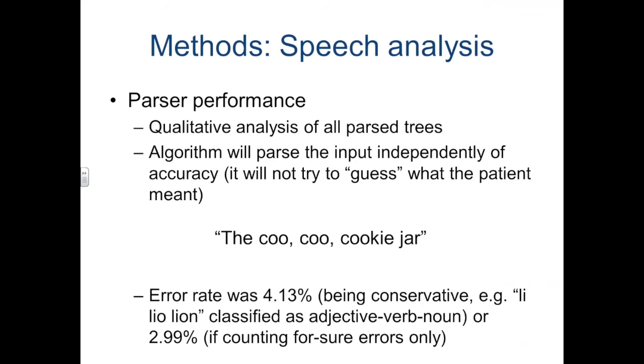Now, a third concern is, all right, their output is comparable to that of non-stroke participants. How does the parser perform independently in each individual?